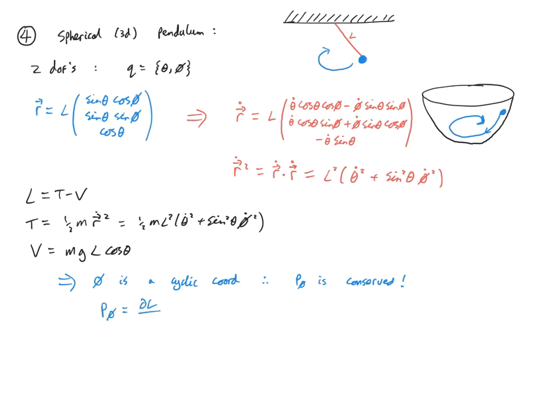We know that it's dL by d phi dot by definition, and that's easy to work out from the expression. It's ml squared sine squared theta phi dot, which is, of course, exactly the angular momentum around the z-axis.